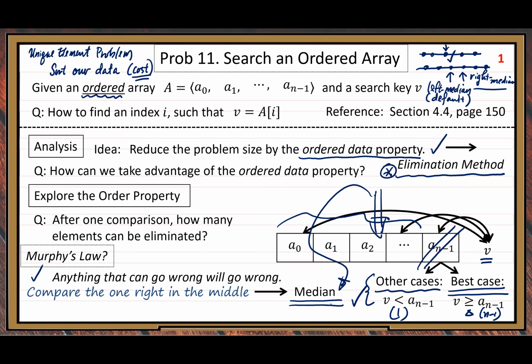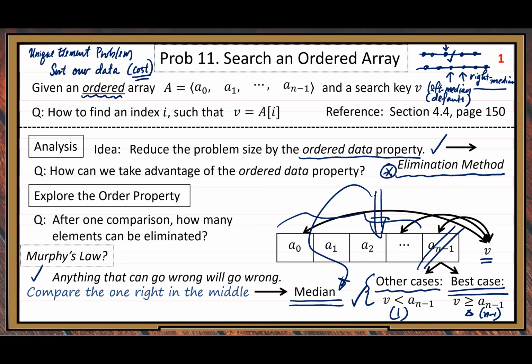So here you can see choosing the median as the first element to be compared with is the best way to do the elimination. Because we have two cases, one slightly better, the other slightly worse.